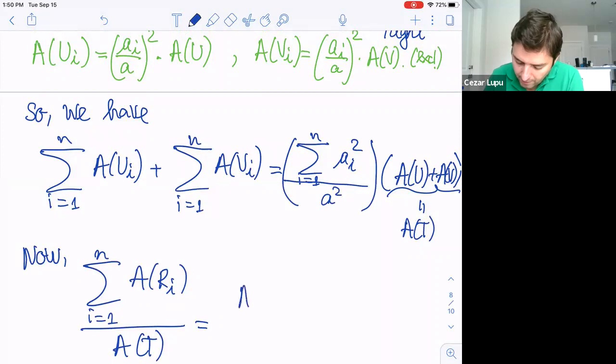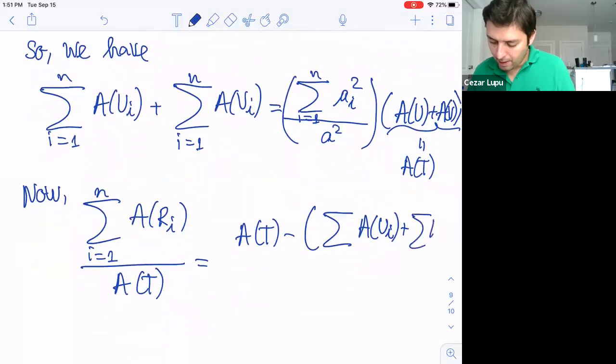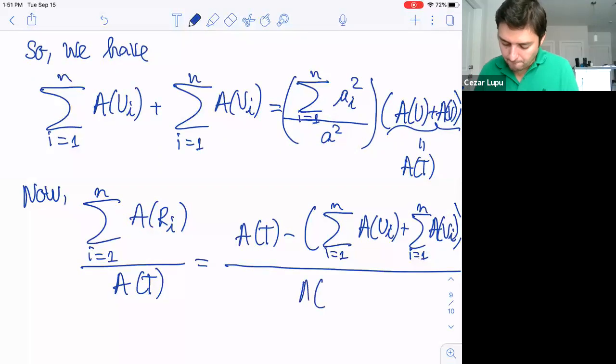Isn't this like A of T minus the sum of A of Ui plus the sum of A of Vi, everything over A of T, right?